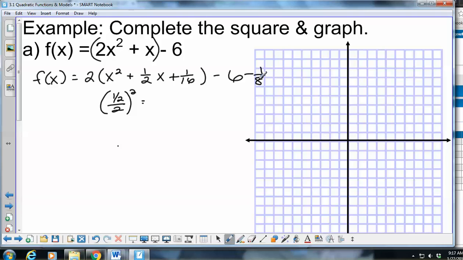Because you have a coefficient, you have to multiply it before you figure out what you subtract off. So we get f of x equals 2, x squared goes to x, this was a plus, square root of 1/16. Square root of 1 is 1. Square root of 16 is 4. Minus 49/8.